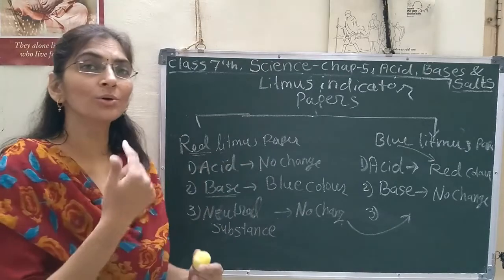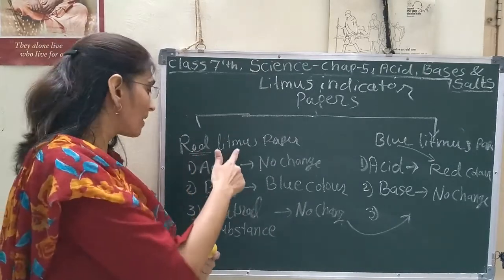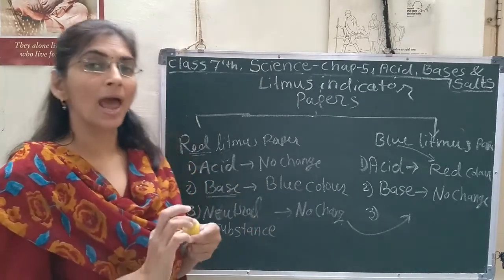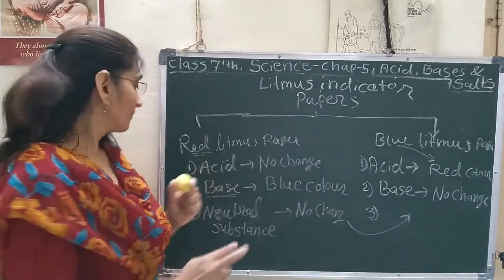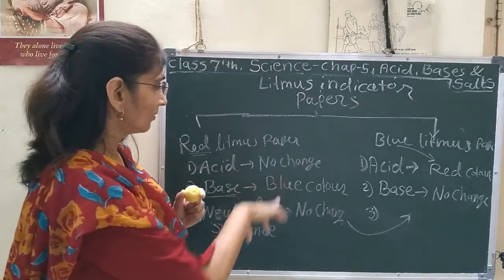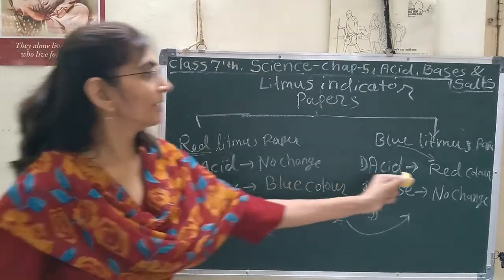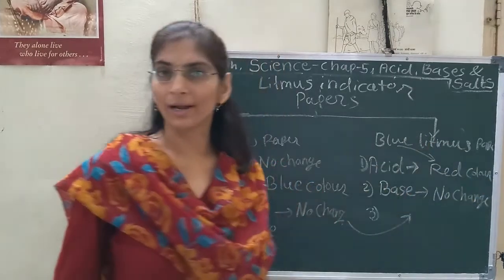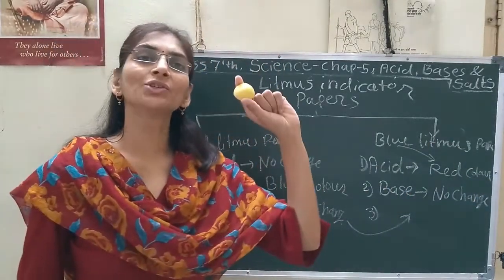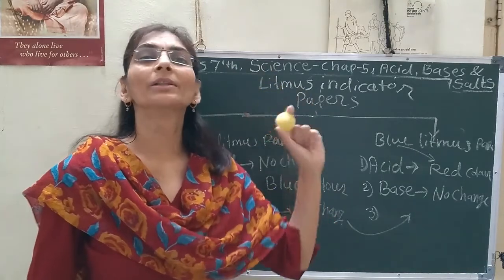As soon as you dip the red litmus paper in a base, it will give the blue color. But as soon as you dip the blue litmus paper, what will happen there? It will remain blue. Okay. So what is the reaction of lemon juice, as it is acidic, with both litmus papers?